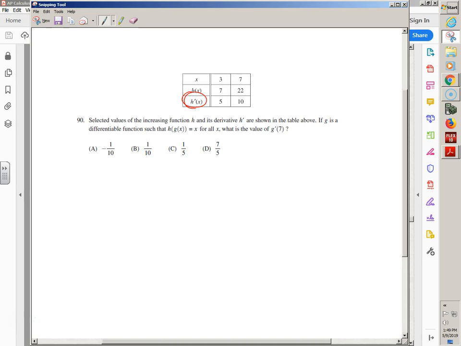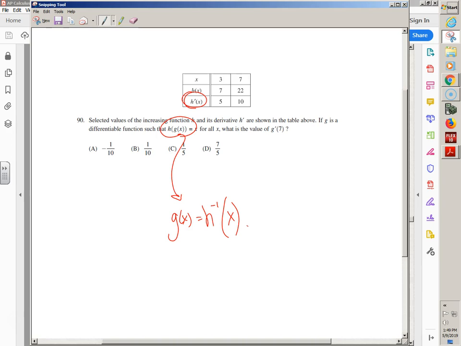Now, here's something interesting. How can I get g alone? Just using pre-calc, how do you undo a function to get g alone? What does g equal? How do I undo h? They're hiding the fact that g is really h inverse of x. The composition of a function with its inverse is x, so g is h inverse.